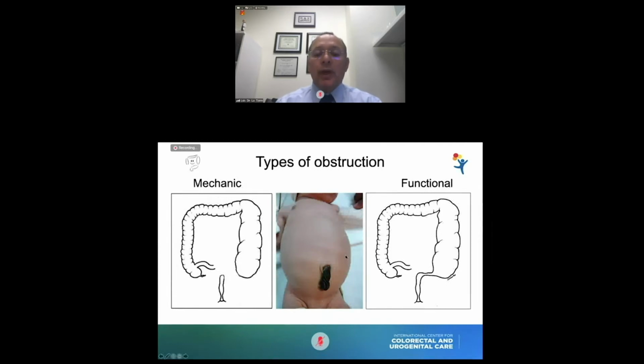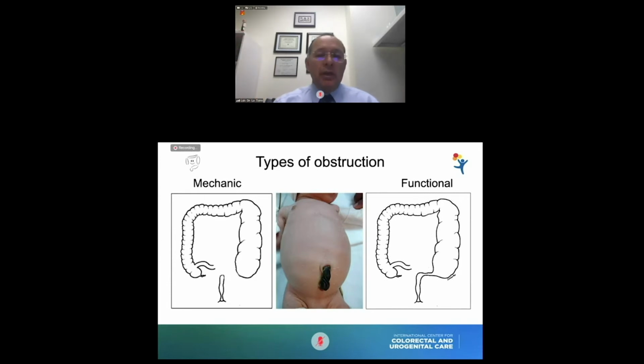So when you have a baby like this one in the middle of the screen with abdominal distension, a history of vomiting, and not passing stools, you need to think the patient probably has Hirschsprung disease. This is very, very important, and avoid doing an emergency operation. This was in the old times.